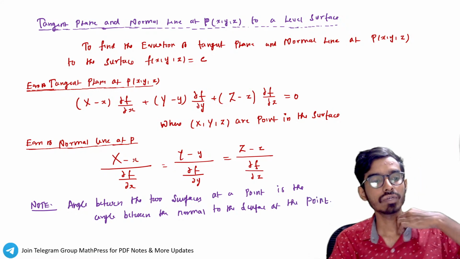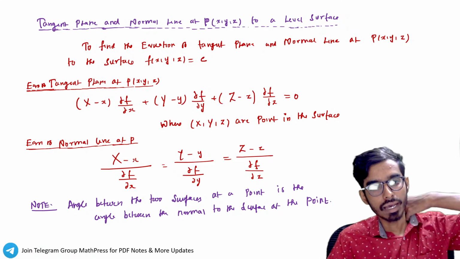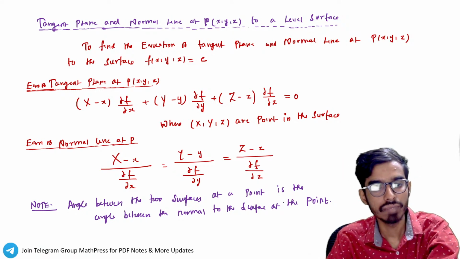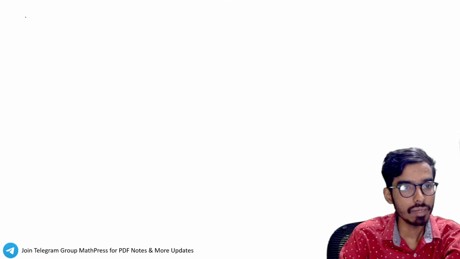So the angle between two surfaces is nothing but the angle between the normals to the surfaces, right? So make this note. Okay, we'll do some problems based on this.